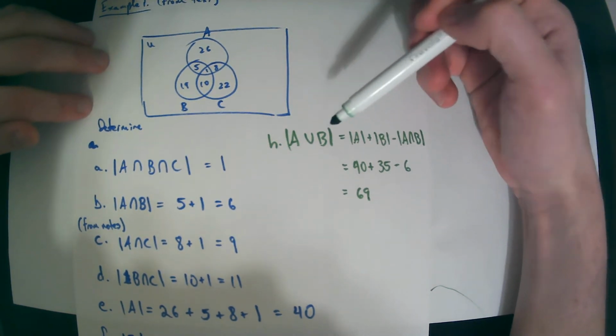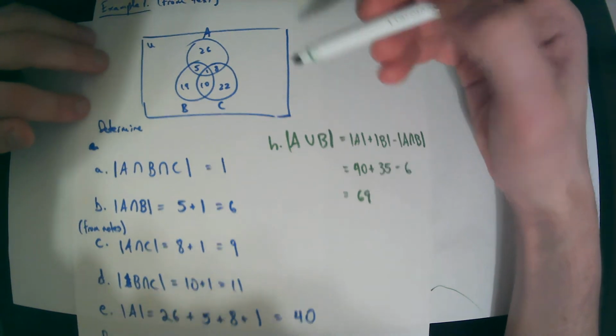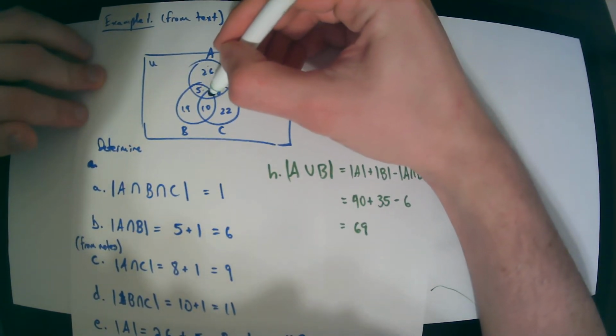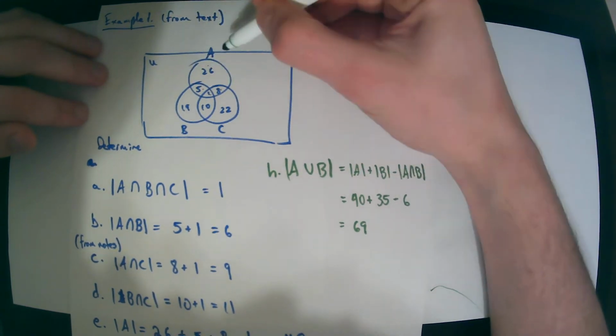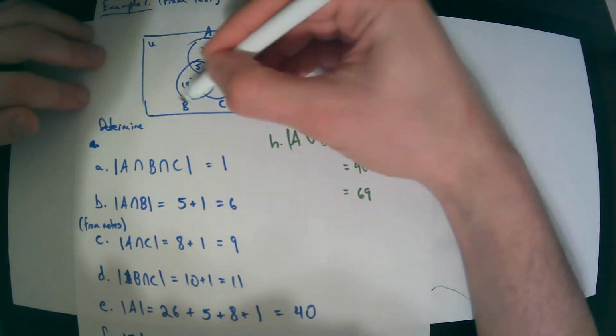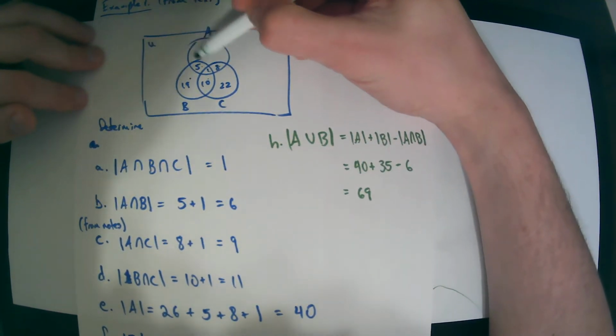Now let's see if that checks out with what's going on in the picture here. If I wanted to find A union B, that means everything that's in A plus everything that's in B. So I would say 26 plus 5 plus 1 plus 8, that's everything that's in A, plus 19 plus 10, that's everything that's in B. Well, the 5 and the 1 are also in B, but I already counted them.